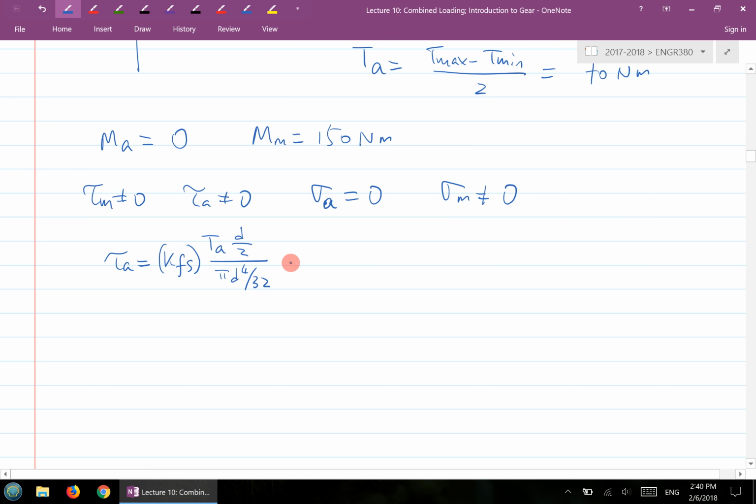So this is just theoretical. Assuming with the calculation I'll get this number here, and similarly you can calculate tau m, and that will give me this number. And then we can calculate sigma m.